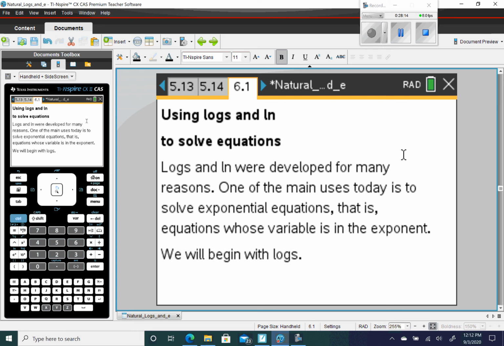All right, now we're at problems like 13 through 18 where we're going to use logs and natural logs to solve equations.